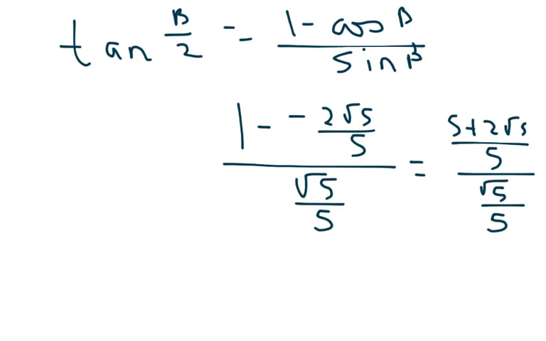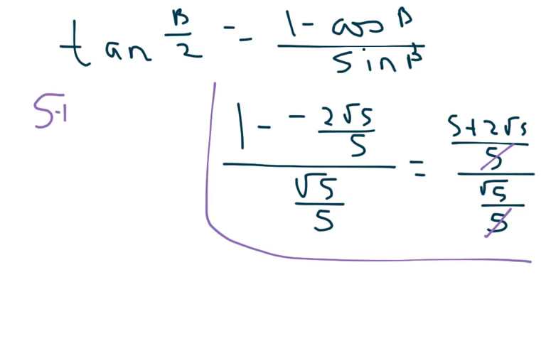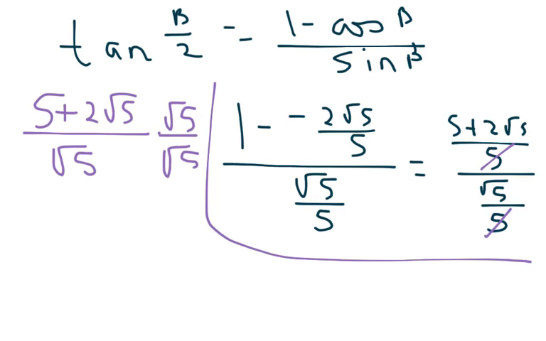We're going to delete these two, and I'm going to start moving over in this area. So 5 plus 2 root 5 over root 5. You're going to rationalize the denominator. Some of you might have found better ways to do this. That's fine.